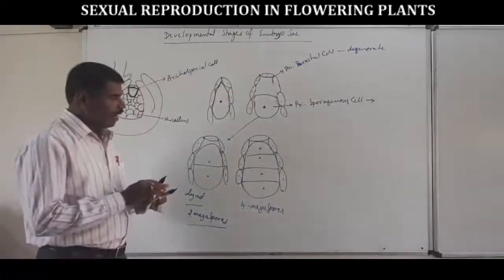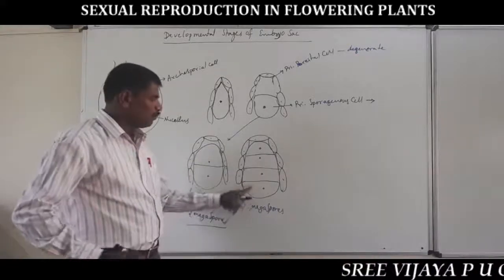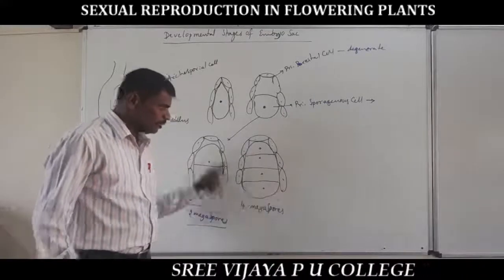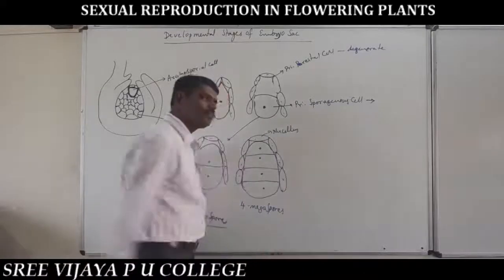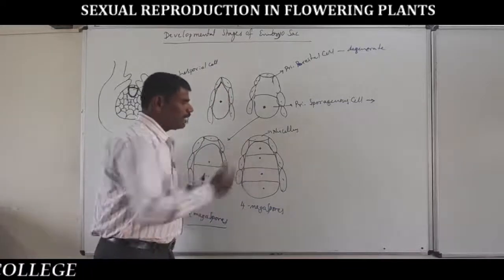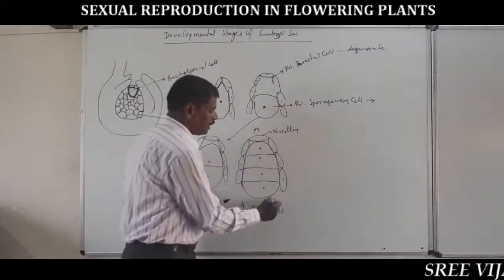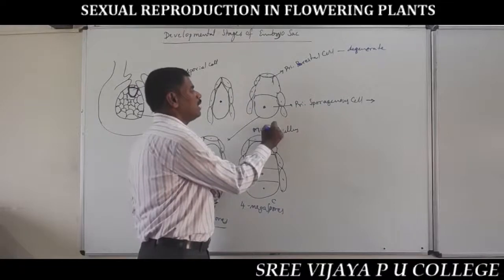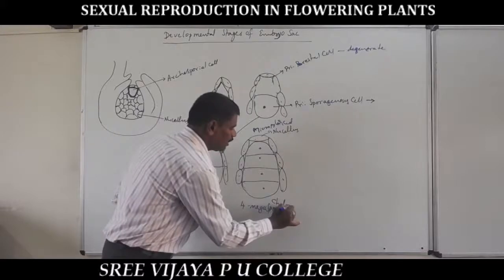So here, in the nucellus where there are 4 megaspores, there is the micropylar end and the chalazal end.